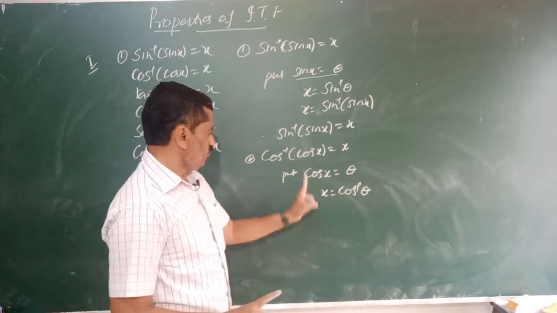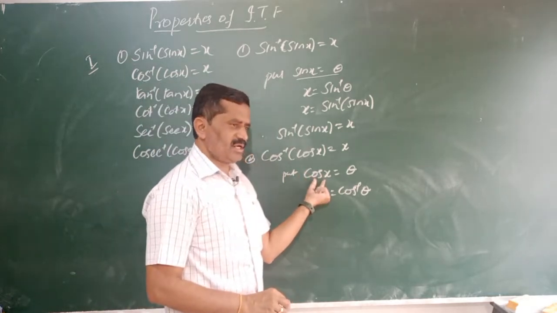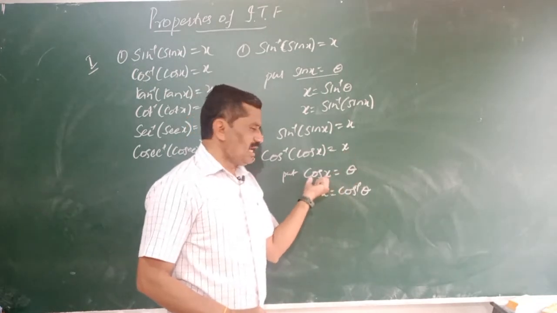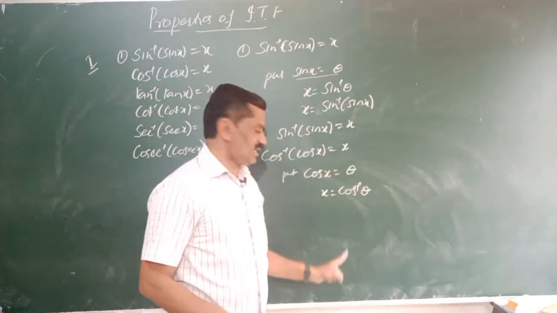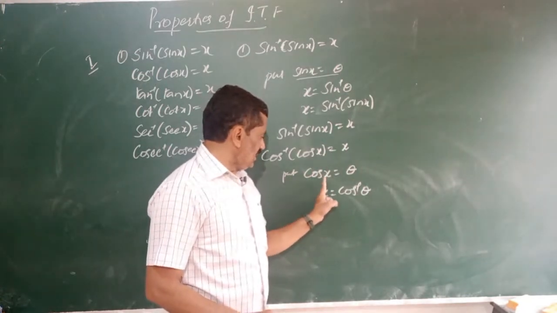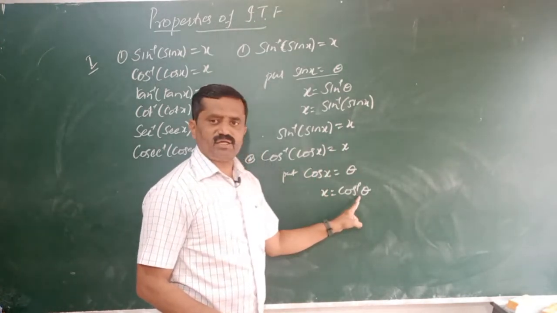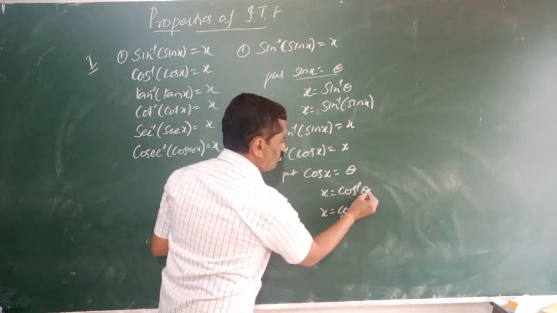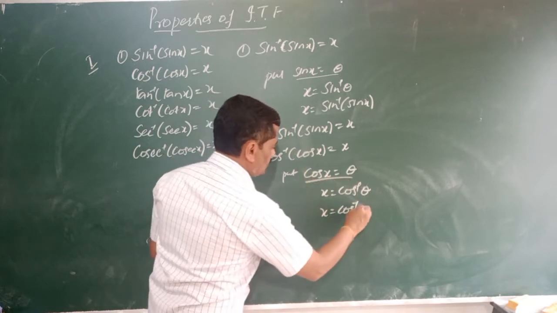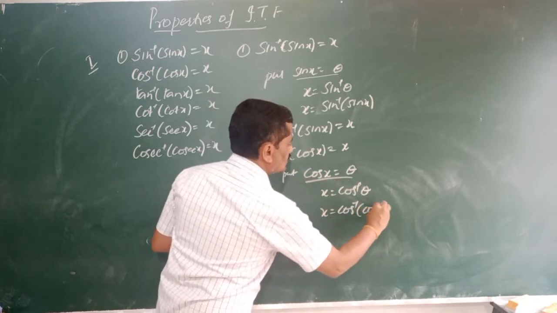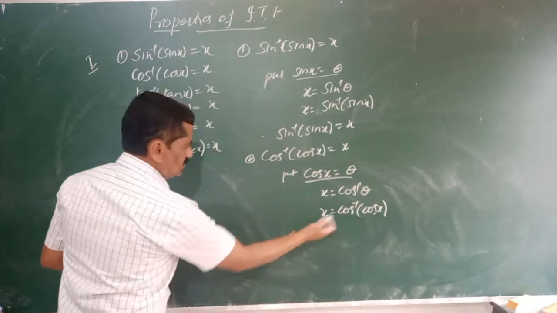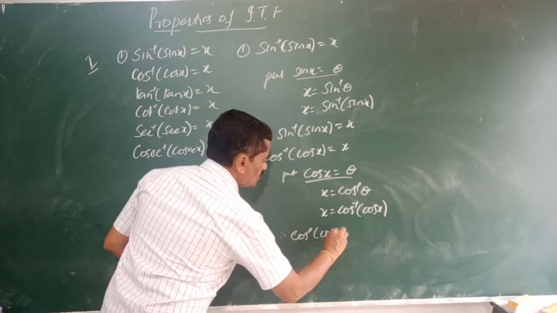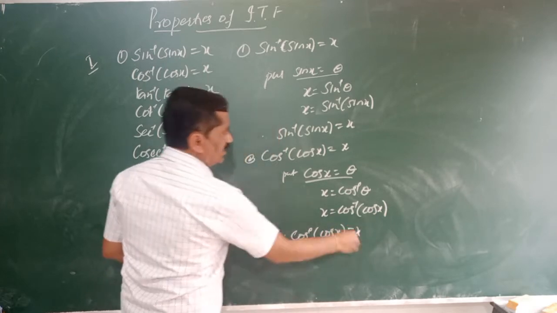Remember once again, whenever you shift any trigonometric ratio from LHS to RHS or RHS to LHS, trigonometric becomes inverse trigonometric. So x is equal to cos inverse of theta. What is the theta value? We have cos x. Therefore, cos inverse of cos x is equal to x.